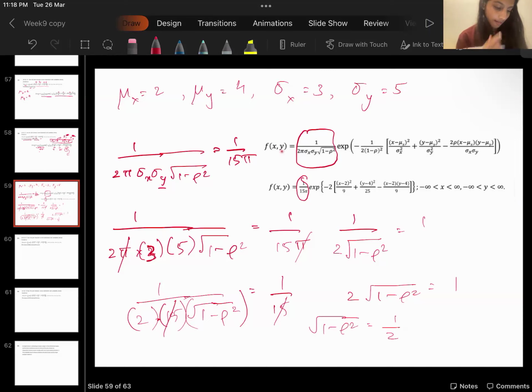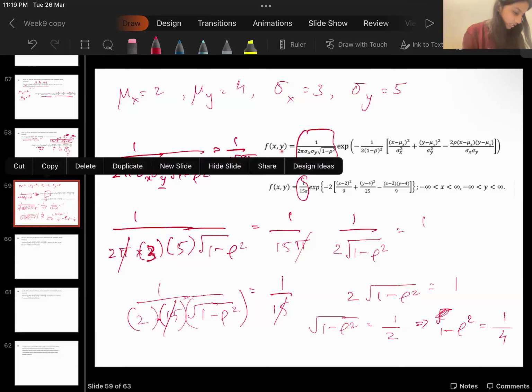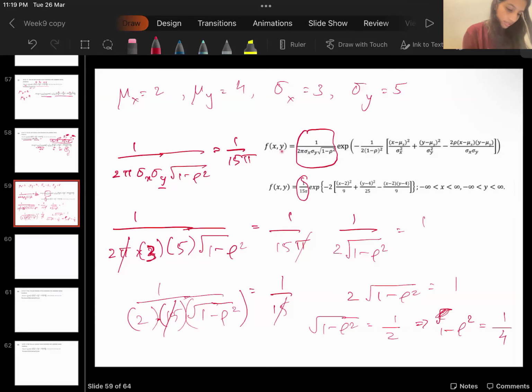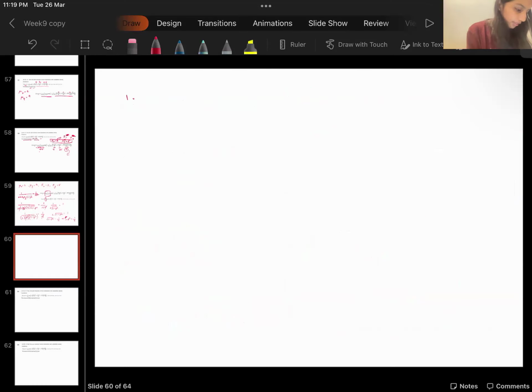And you can take the square on both sides. If you take square on both sides, what happens? You have 1 minus rho square is equal to 1 by 4. You can bring this side and this side.